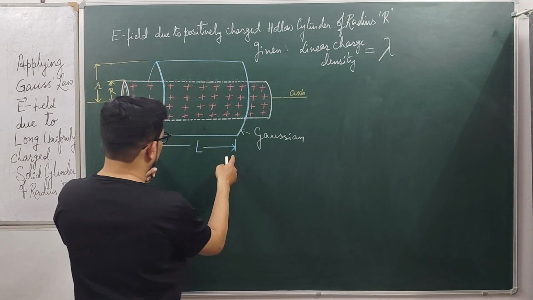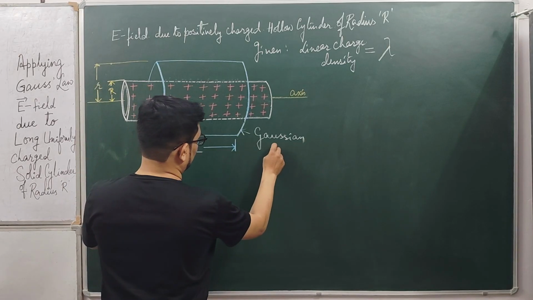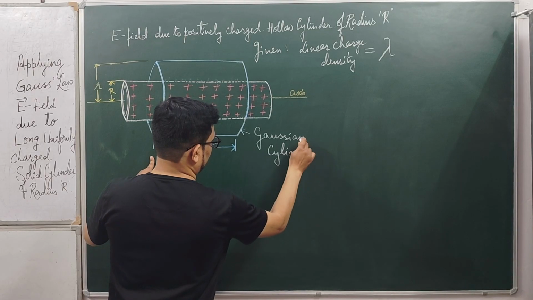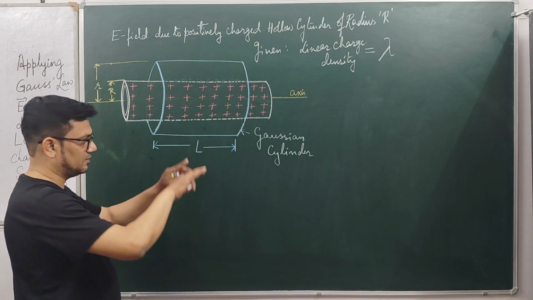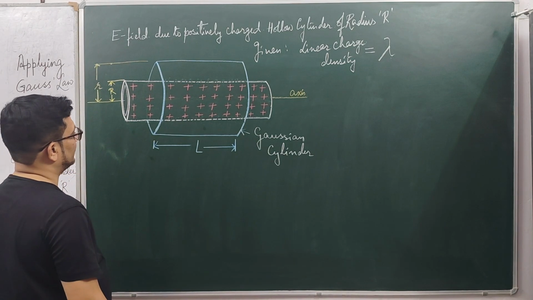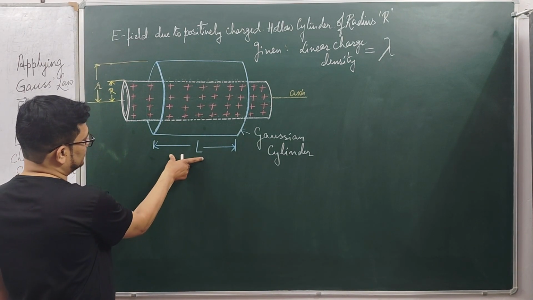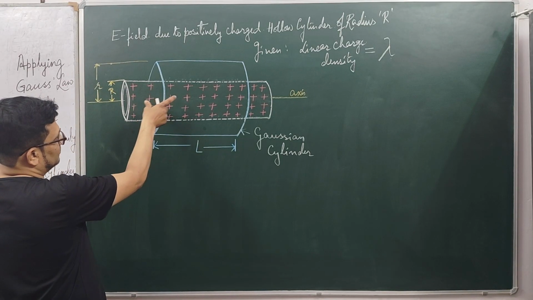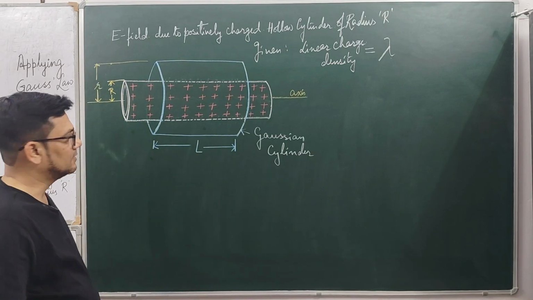We have taken the length of that Gaussian surface, a Gaussian cylinder, which is the enclosed three-dimensional enclosure. Why a cylinder? Because it is cylindrical. It is symmetrical over the cylindrical axis.